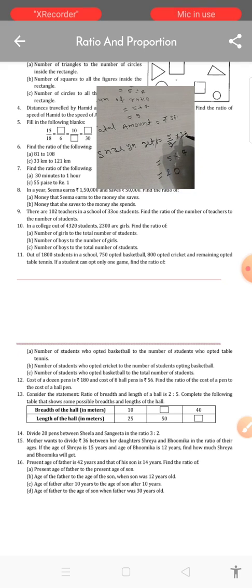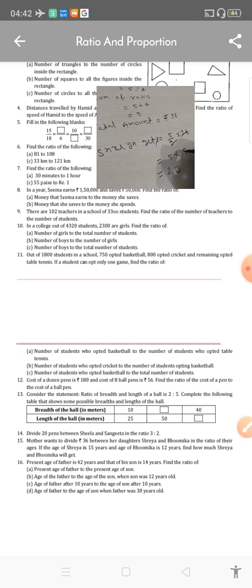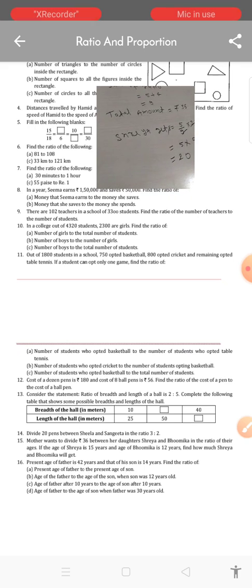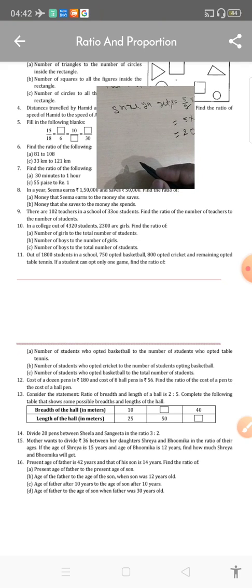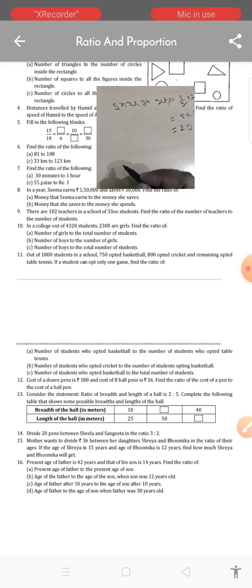If we divide 36 by 9, we obtain 4. So 5 into 4 is equal to 20. Now we find the money Bhumika gets.